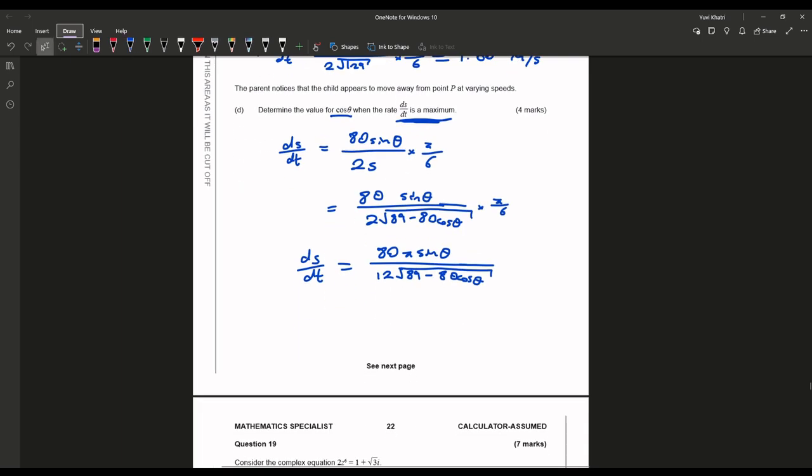But what we can do is we can graph this on our ClassPad. So when we graph this on our ClassPad, graphing on CAS, what we're going to do is we have our graph, and then on the top, we're going to go into analysis.